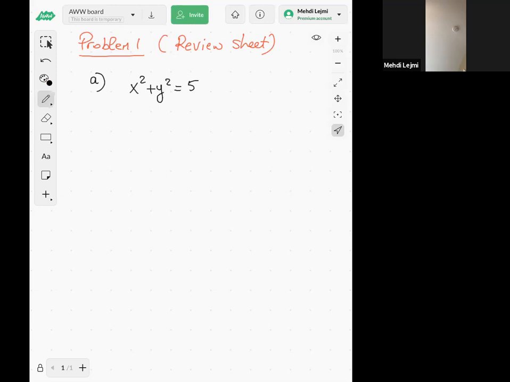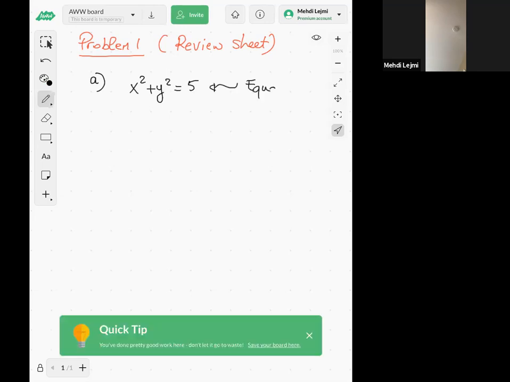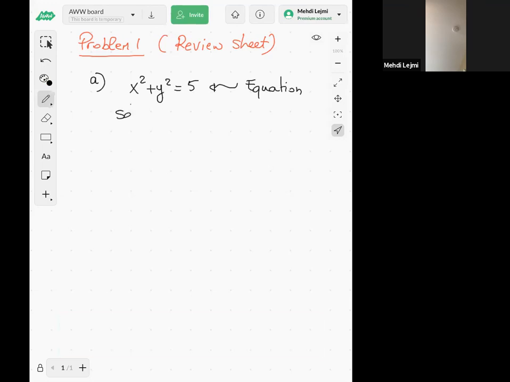To determine whether y is a function of x, whenever you have an equation, you have to solve for y. So if you solve for y, you subtract x squared from both sides. Then you have y squared equals 5 minus x squared.